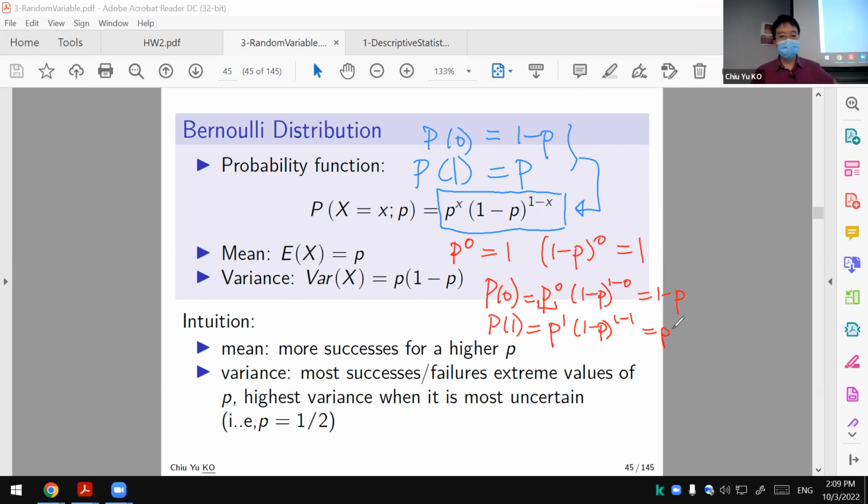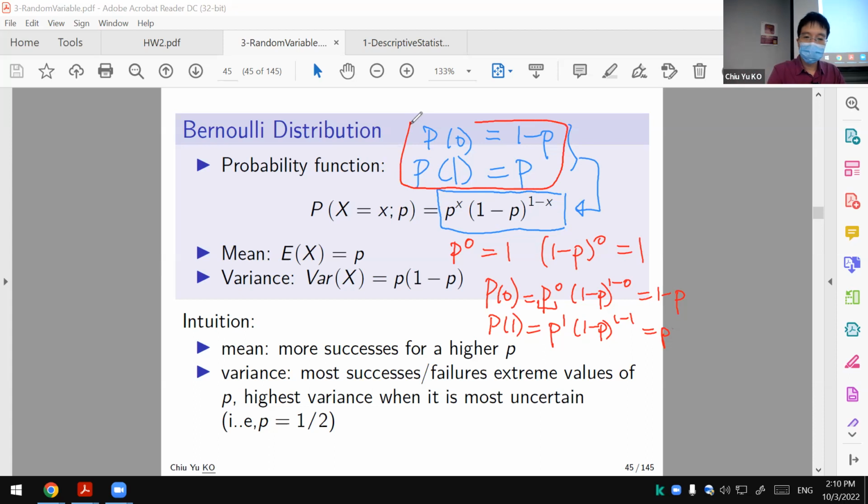And is it important? I mean, is it real? Yeah, it's real. When I learned it, it took me like 3 hours to see why this is true. Suddenly this thing appears out of nowhere, and you will think, why do you think about it this way? It will be much clearer when we talk about the binomial distribution. But at the moment, if you're still confused, and probably some of you are, it's just this guy, okay?